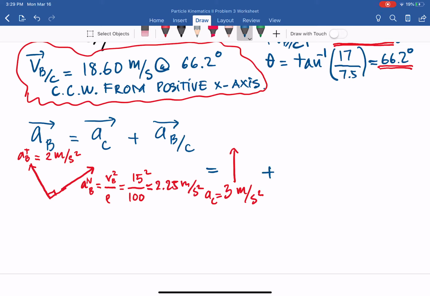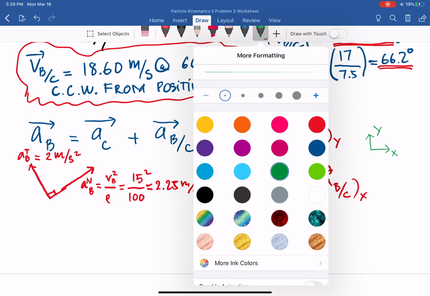AB relative to C, so we have x and y components again. We have AB relative to C in x and AB relative to C in y. Let's assume positive x and y axes as usual. Now the tricky part is we need to know the angles of these two.